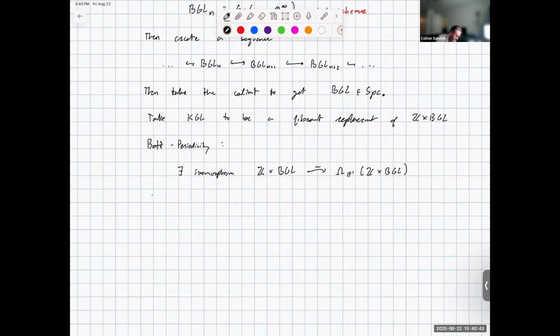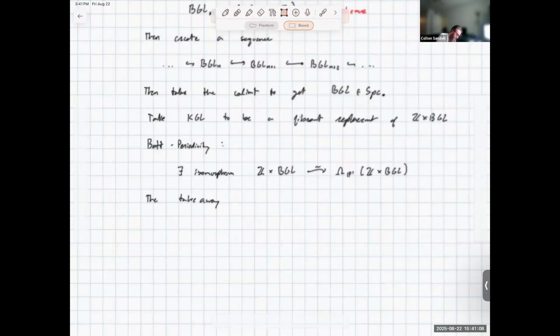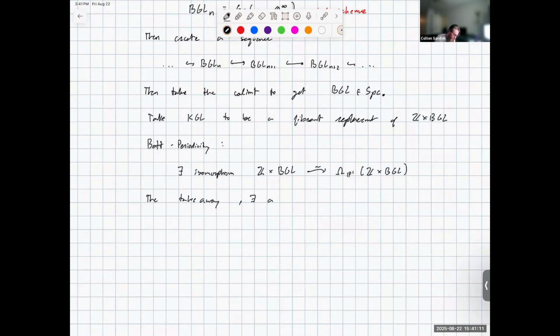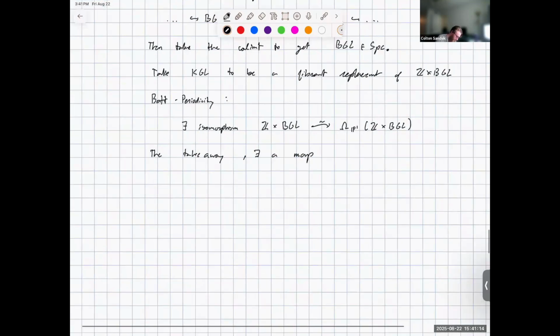And the takeaway is that there's a map beta from P1 smashed with KGL to KGL.